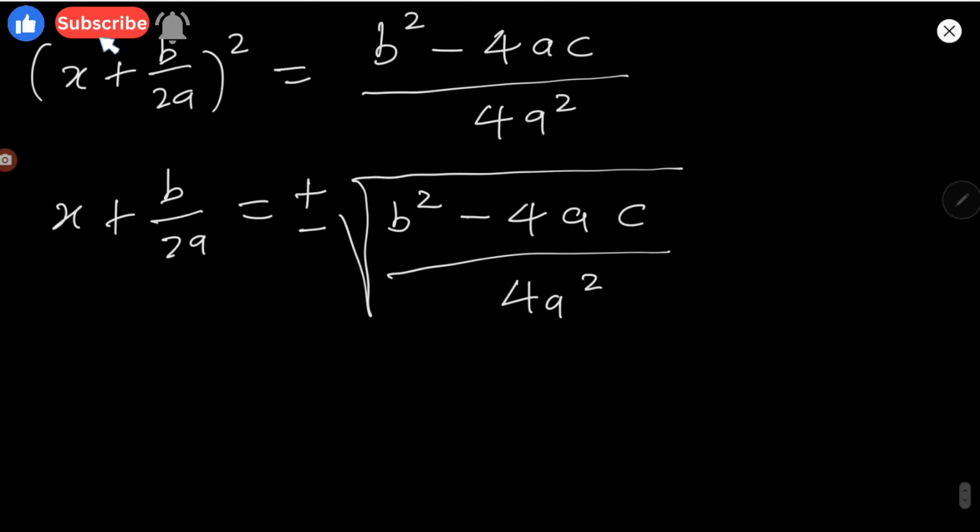And because if I have a over b and I'm finding the square root, this is the same as the square root of a over the square root of b.